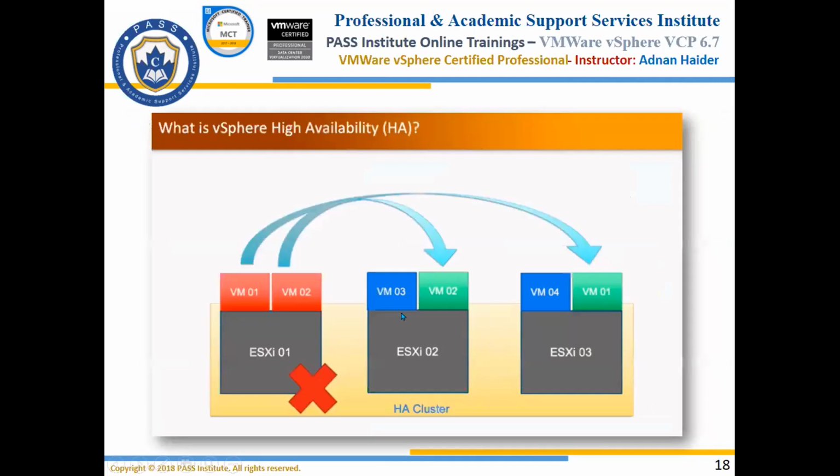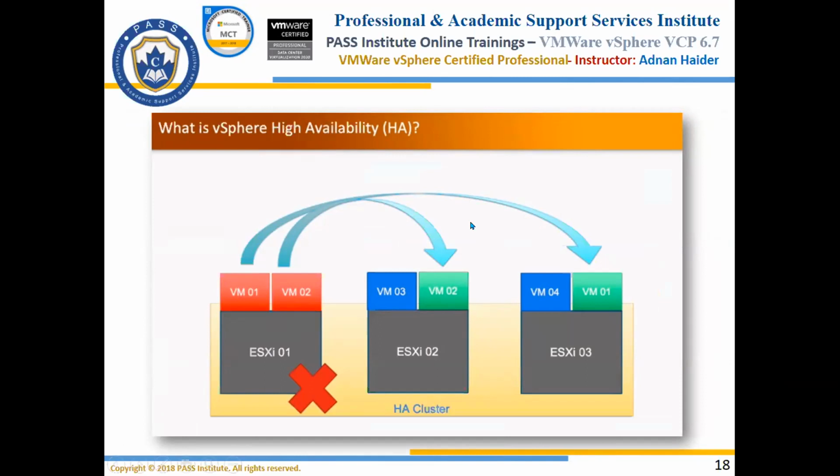HA is the high availability option. Number one, in HA, it protects us against physical damage of your ESXi host. If there is no physical damage to the ESXi host, HA will not work. HA will only work if the ESXi host goes down, and then all of the VMs will be started on another ESXi host. So HA is that technology.